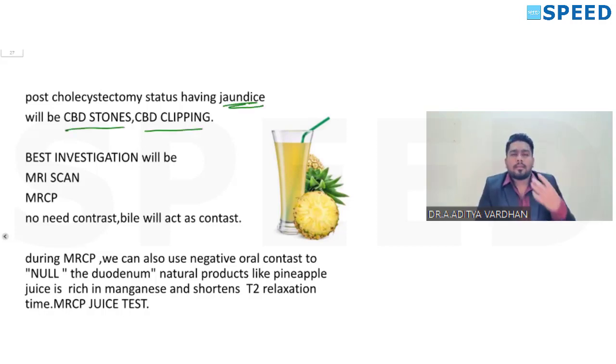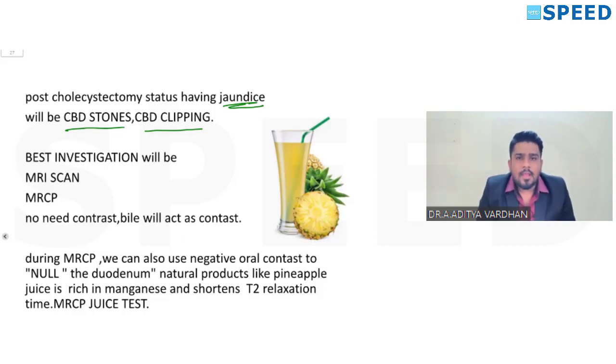When we perform a magnetic resonance cholangiopancreatography, MRCP, first of all, for contrasting between the different soft tissues, bile itself will act as a contrast here. So we don't need any special contrast like gadolinium, which is used in MRI, because here bile itself will act as a contrast.